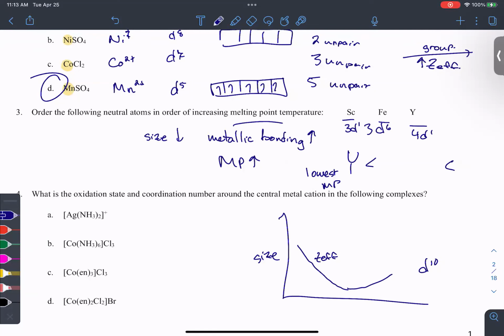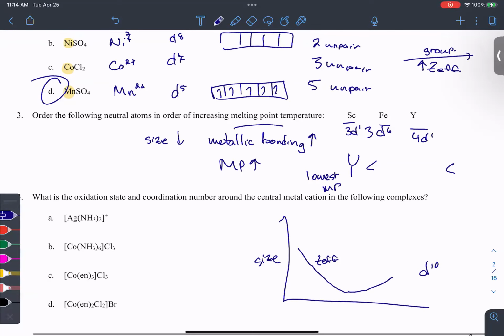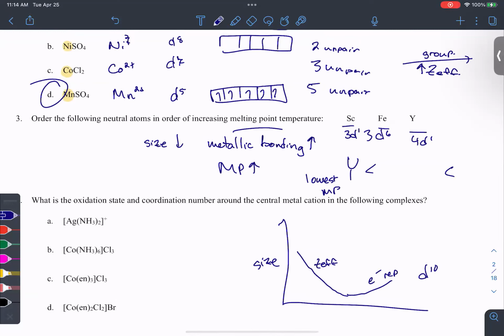Once we get to copper and zinc, you're shoving 10 electrons in a small space. Electrons are negatively charged, and things that are negatively charged repel one another. Because we're trying to put so many electrons in that small space, we see electron repulsion start to take over towards the end of the block. So this is E repulsion. All right, so based upon that, which is smaller, scandium or iron?